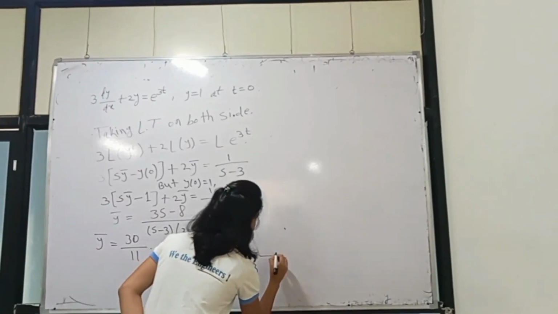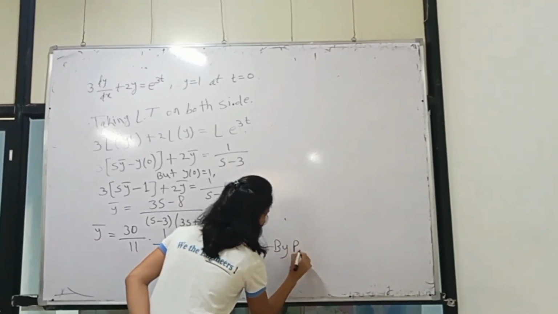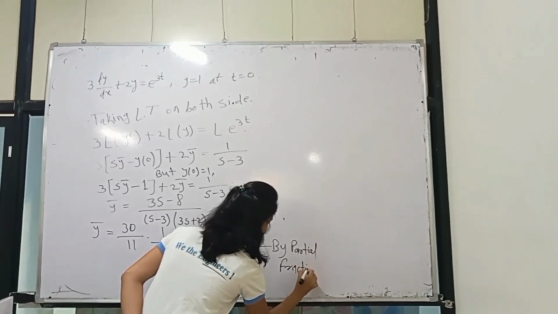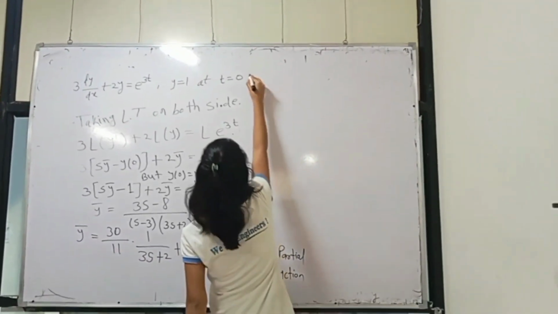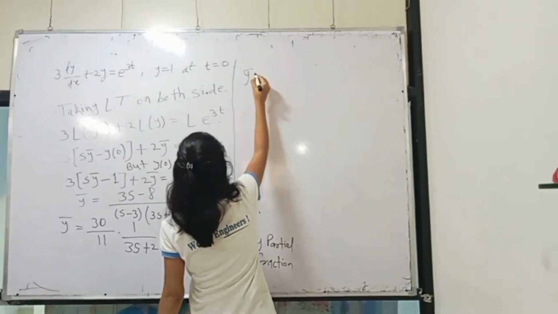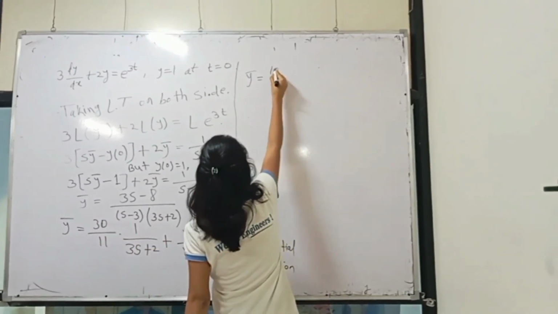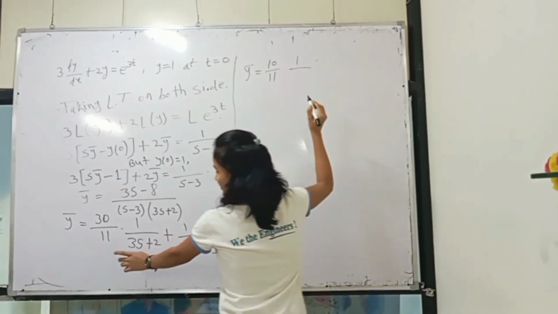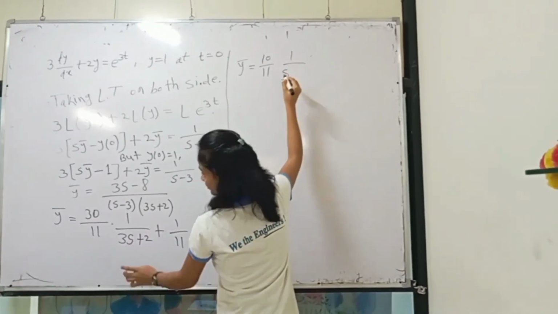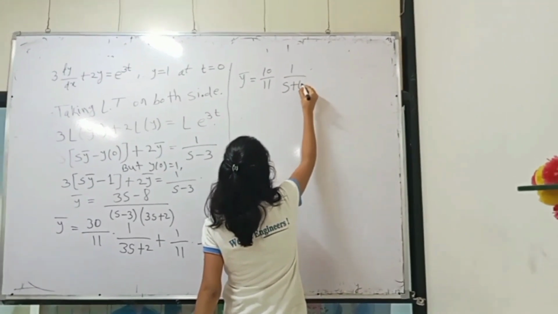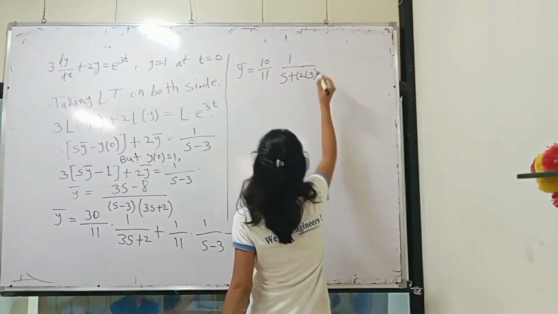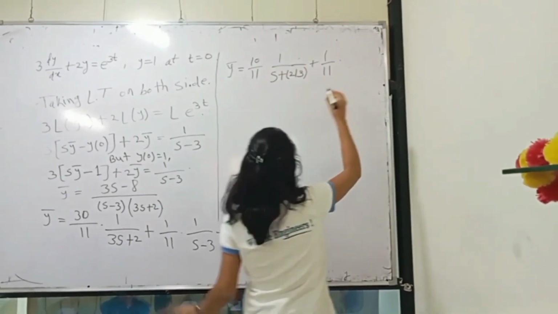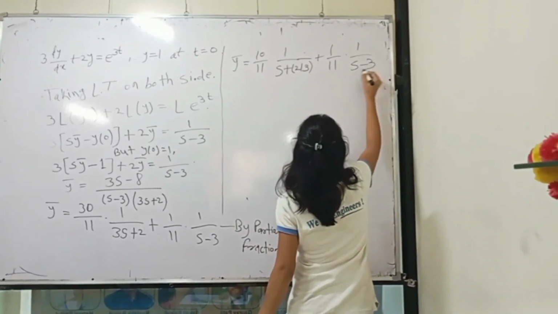So by partial fractions, we can write this as y bar is equal to 10 divided by 11 into 1 upon s plus in bracket 2 divided by 3, plus 1 upon 11 into 1 divided by s minus 3.